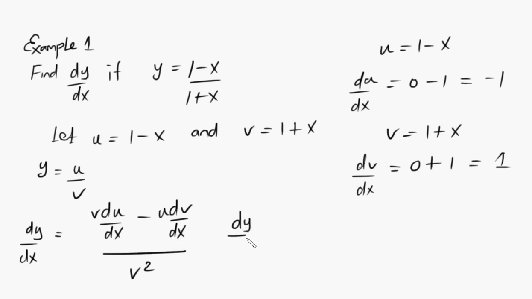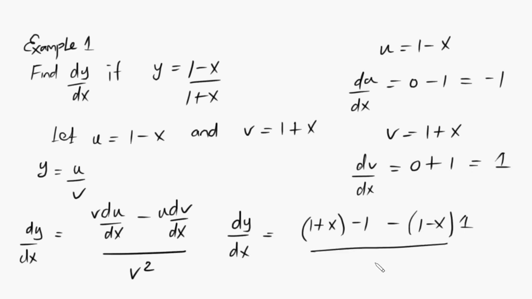So my dy/dx is going to be equal to v. My v is 1 plus x, times du/dx, which is negative 1, minus u. My u is 1 minus x, times dv/dx, which is positive 1, over 1 plus x, which is my v, squared.